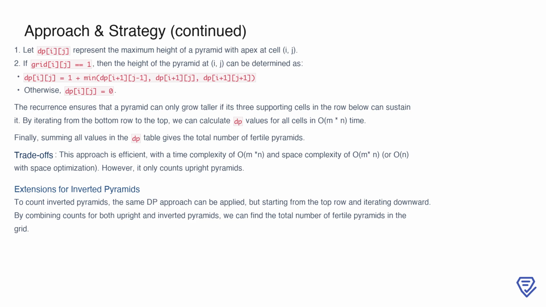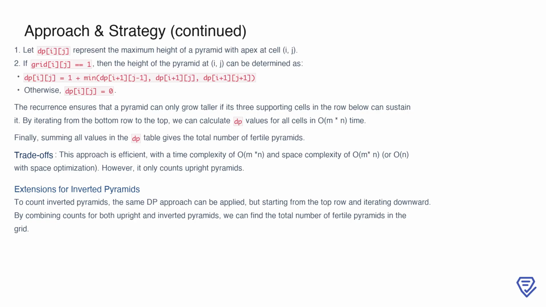If the cell itself is fertile, i.e. grid[i][j] equals 1, then the height of the pyramid at that cell can be determined using the recurrence dp[i][j] = 1 + min(dp[i+1][j-1], dp[i+1][j], dp[i+1][j+1]). This formula ensures that the current cell can only support a taller pyramid if all 3 supporting cells in the row below also have sufficient capacity. On the other hand, if the cell is not fertile, the height is simply 0.